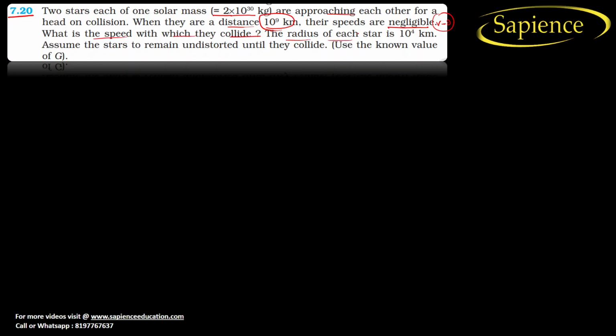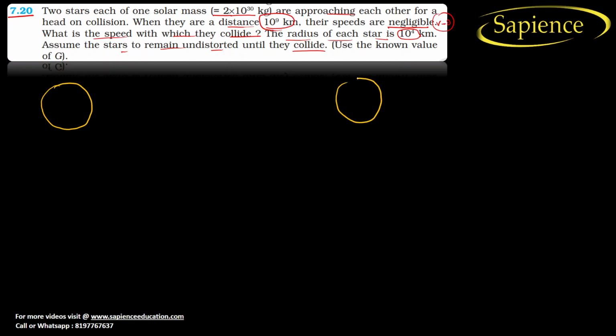And the radius of each star is 10 power 4 kilometer. Assume that the stars remain undistorted until they collide. So use the known values of G. Now let us draw the situation they are asking. There is a sun, and there is another sun.